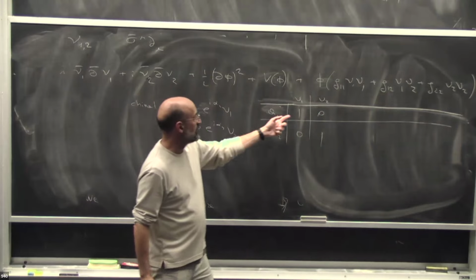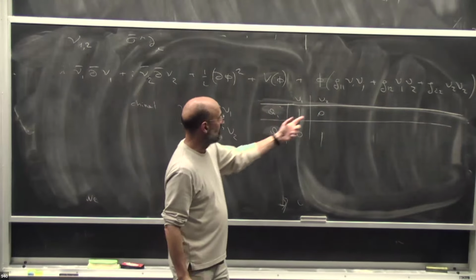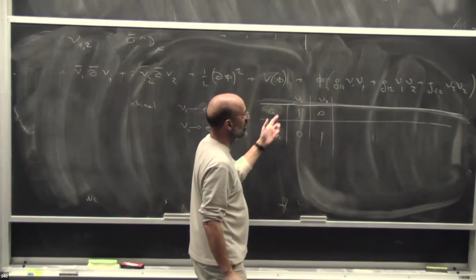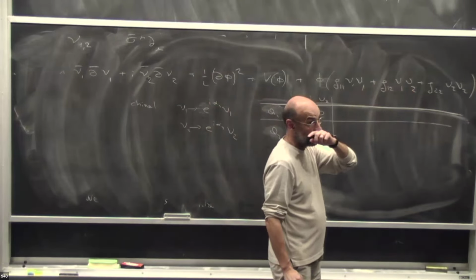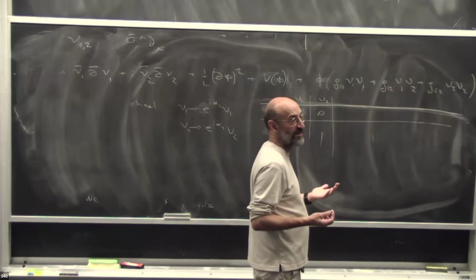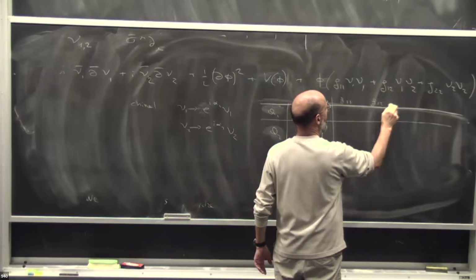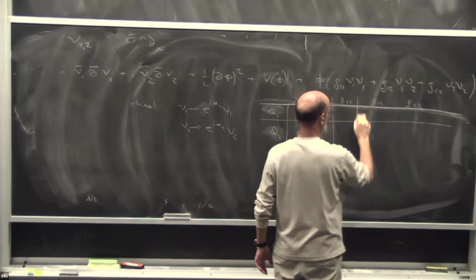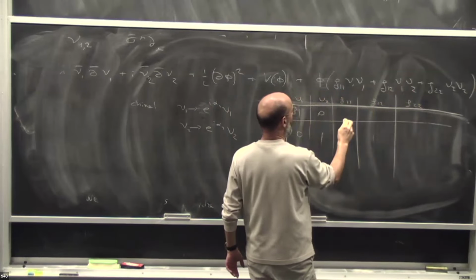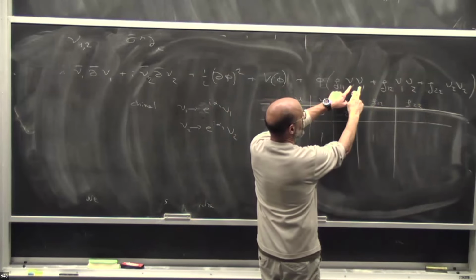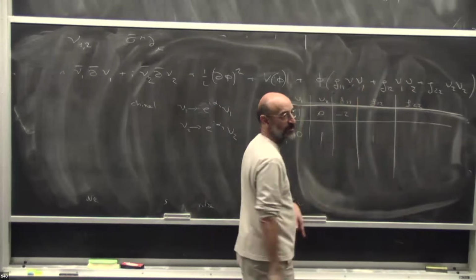U1 rotates with unit charge under Q1, and it doesn't rotate under Q2, so it has 0 charge. Of course, these two rotations are broken by the Yukawas, but you can formally restore the invariance by assigning the Yukawas transformation properties. G11 has charge -2: if U1 rotates with charge 1, then a coupling with charge -2 compensates.